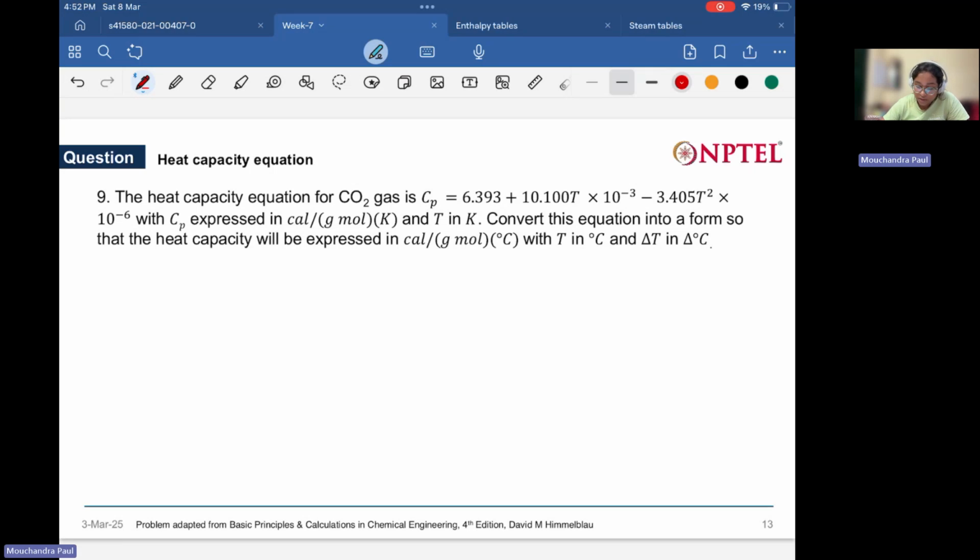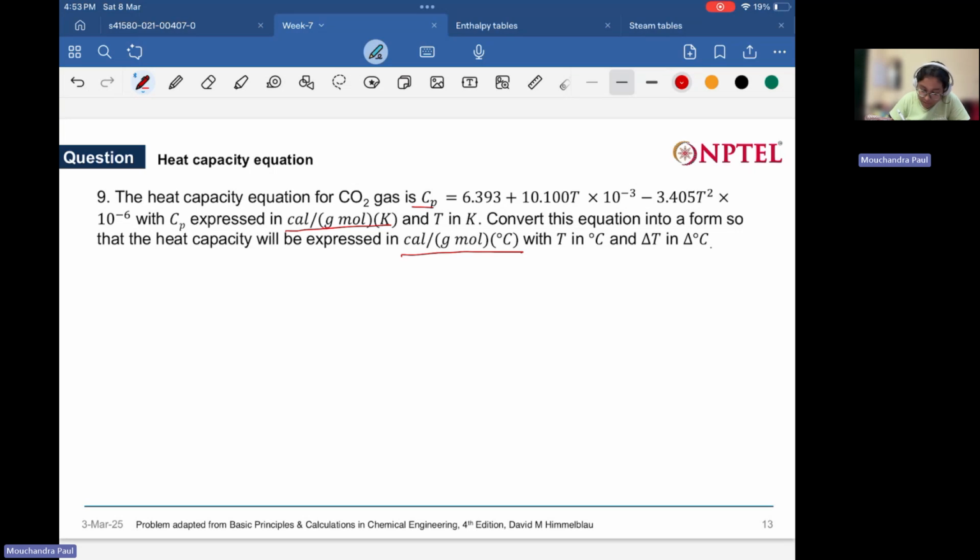So you are given the heat capacity equation for carbon dioxide gas, which is this. It is expressed in the units of calories per gram mole per Kelvin. We have to convert this equation into a form so that the heat capacity will be expressed in calorie per gram mole per degree Celsius.